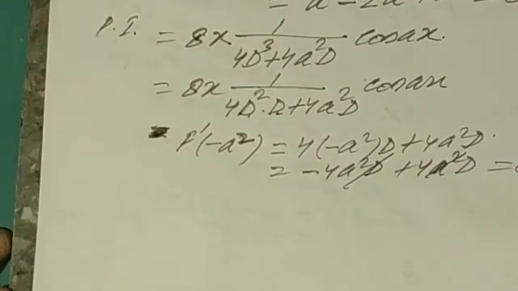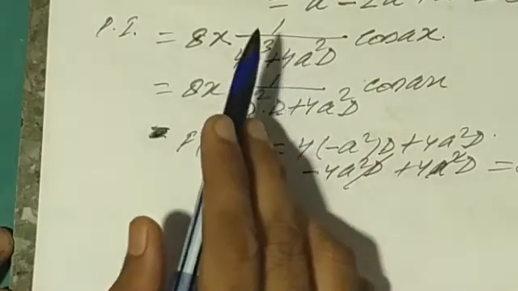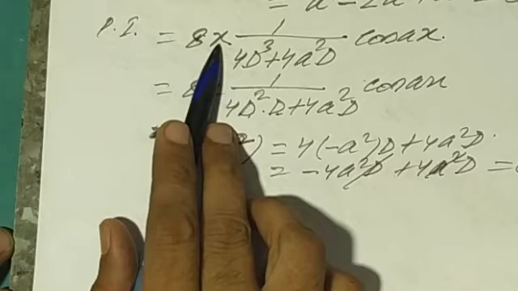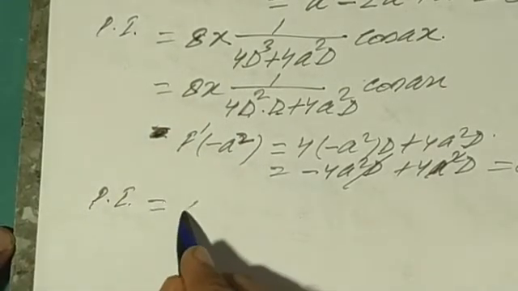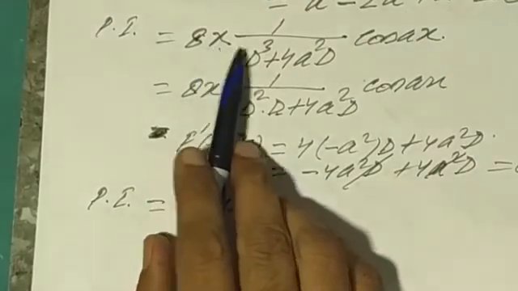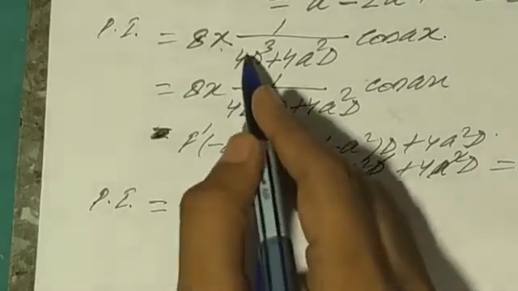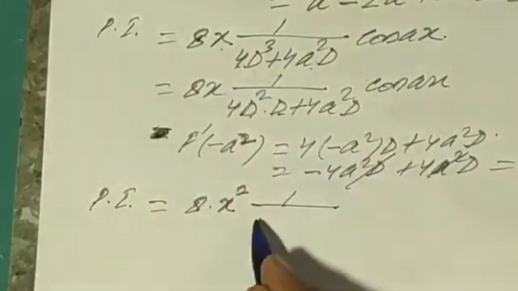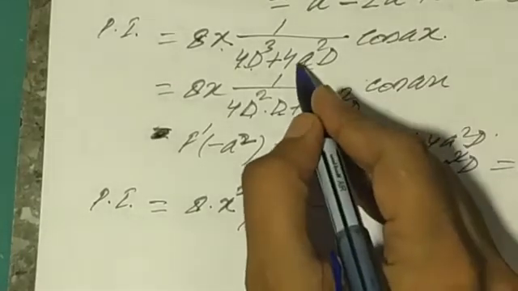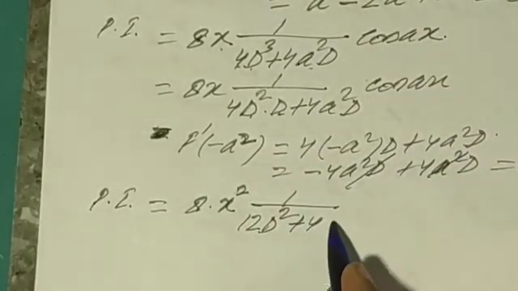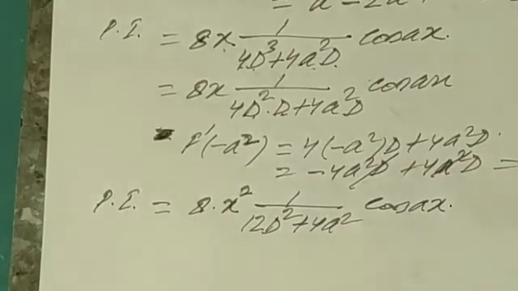So again we have to take the derivative of this expression, and doing so we need to take one more x outside. So we get PI is equal to 8 into one more x taken out of this expression, so it becomes x², and then differentiating this expression with respect to D, we get 12D² plus 4a² cos ax.